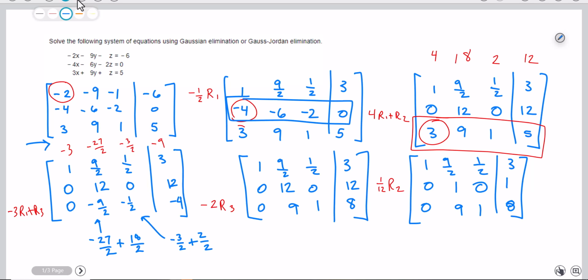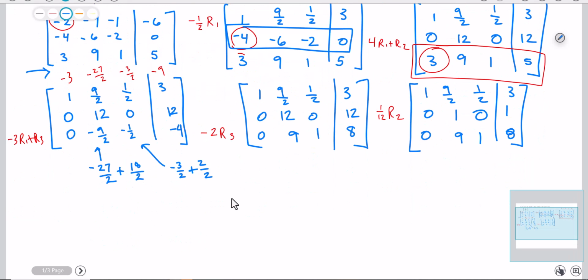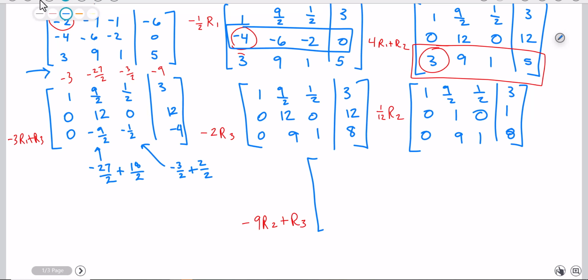And now if I scroll down a little bit here, I am going to take the -9 of row 2 and add it to row 3. So I'm trying to turn this into a 0. I'm not touching row 1. So 1, 9 over 2, 1/2, 3.